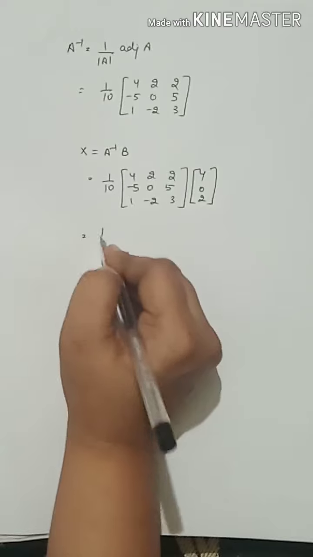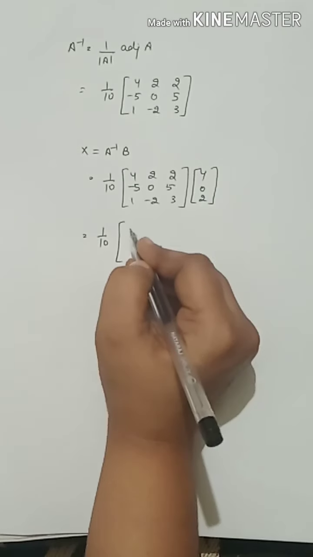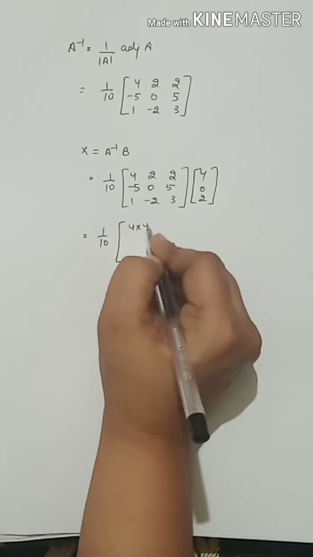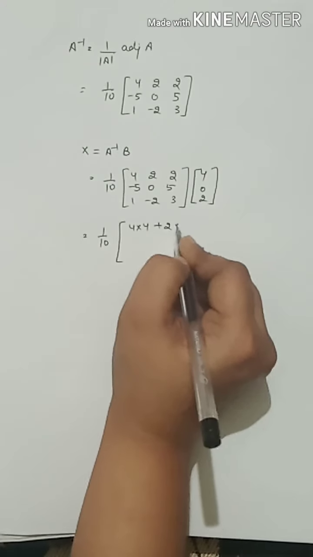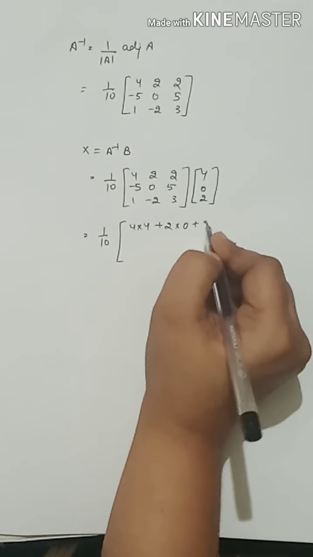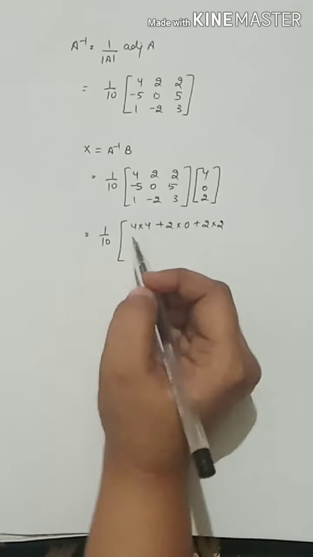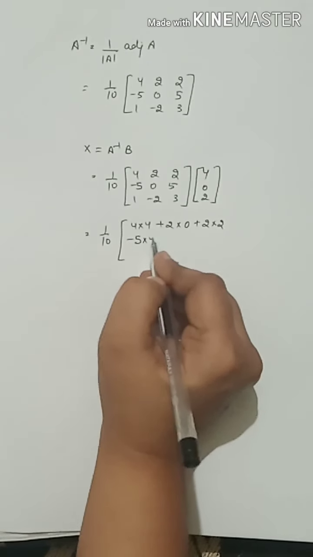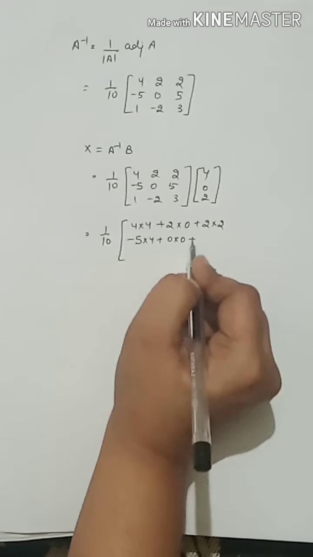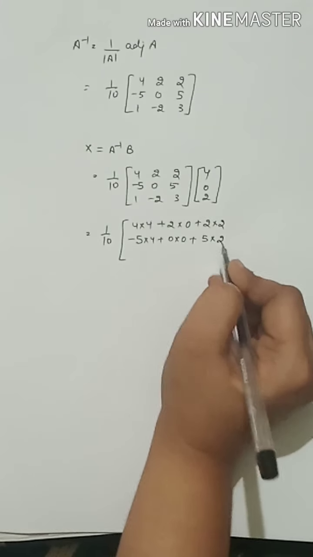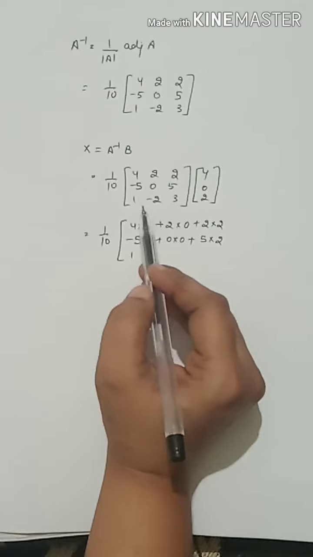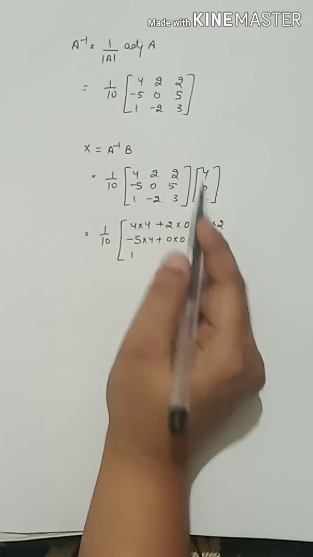Now we multiply both the matrices. We multiply the first row of the first matrix with the second matrix, then the second row of the first matrix with the second matrix, and the third row of the first matrix with the second matrix.